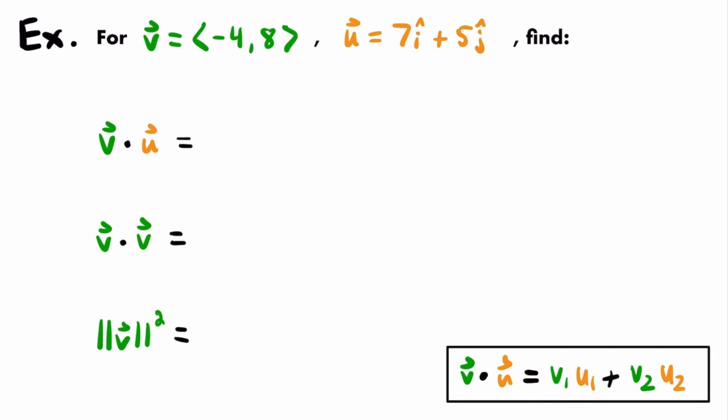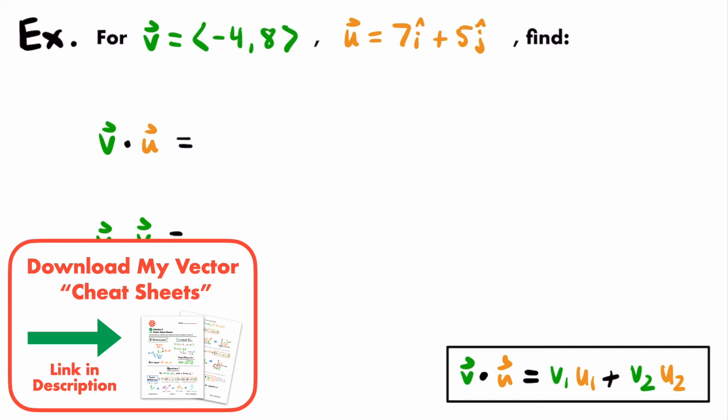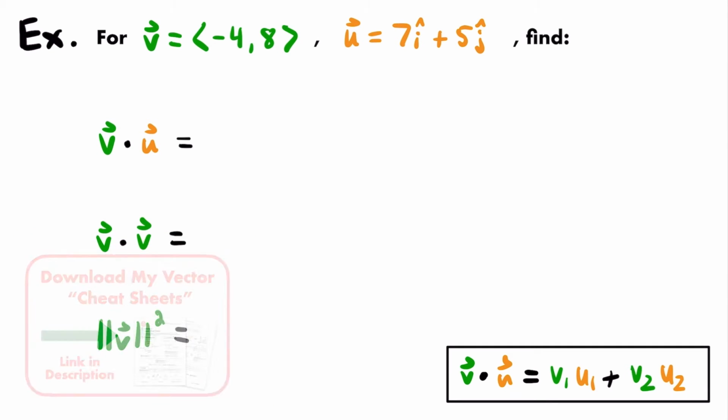It's the sum of the products of corresponding components. So v1 represents the x component of vector v, u1 represents the x component of vector u. We multiply those x components and then add that to v2, which is the y component of vector v, multiplied by u2, which is the y component of vector u. All we're doing here is multiplying the x components and adding that to multiplying the y components.